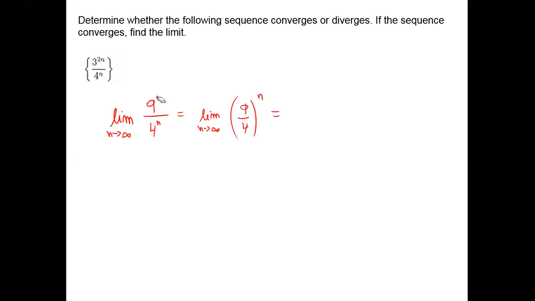Looking at 9 to the n over 4 to the n, we can definitely see that the function 9 to the n grows much, much faster, which means infinity. Or if we have this form, if the number taken to the power of n is greater than 1, the value always expands to infinity. That means this is infinity, which means the sequence diverges.